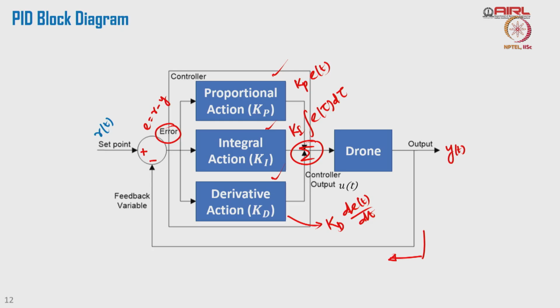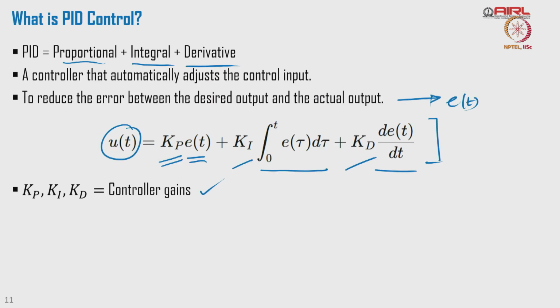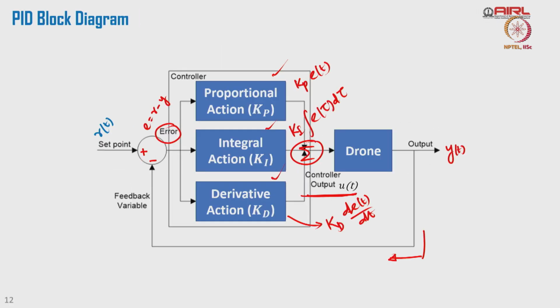So, that becomes the controller output u(t). What is controller output u(t)? It is this particular expression, right. This controller output becomes the input to the drone. So, we say that this is a controller output, but a control input to the drone.